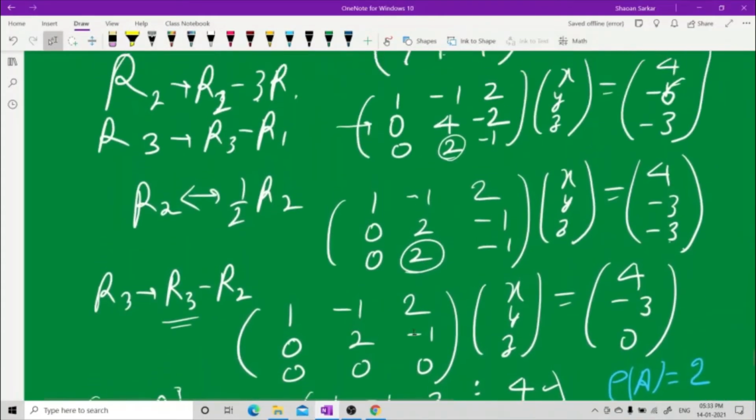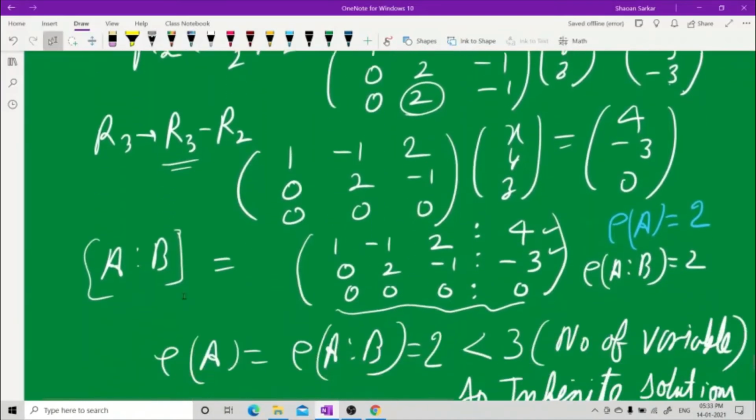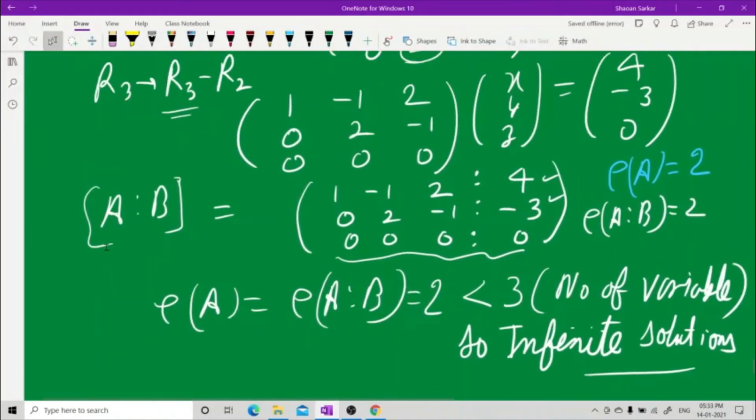And now you will see something. How to find this infinite solution? You need to come back to this equation. I have to copy this equation. So let's copy this.